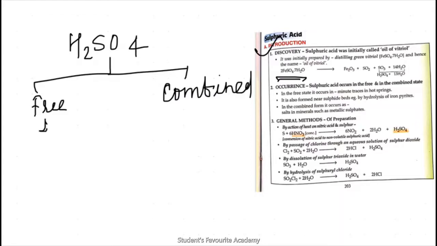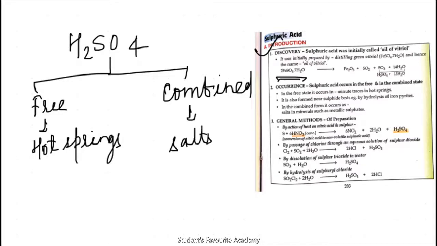So in the free state it will be found in hot springs. And when we talk about the combined form, it occurs as salts of minerals. When it is in the combined form, we will be applying certain ways so that we can extract our sulfuric acid from them.